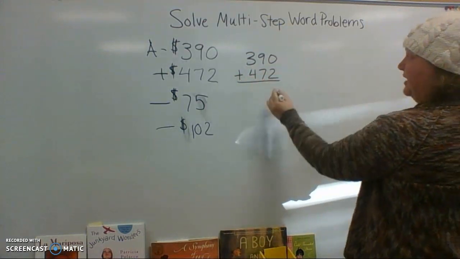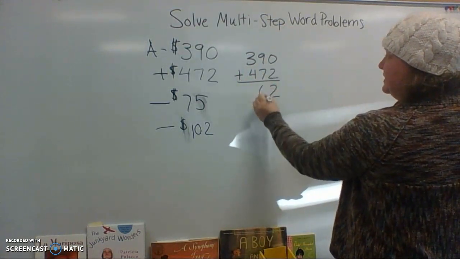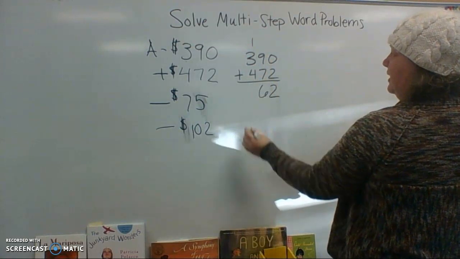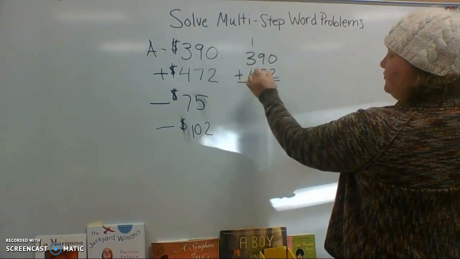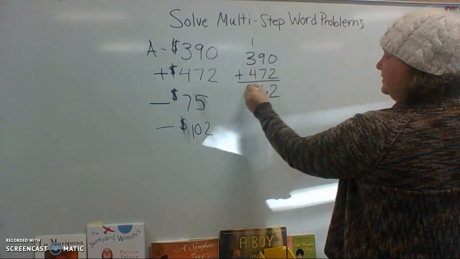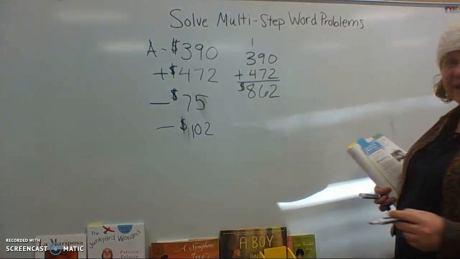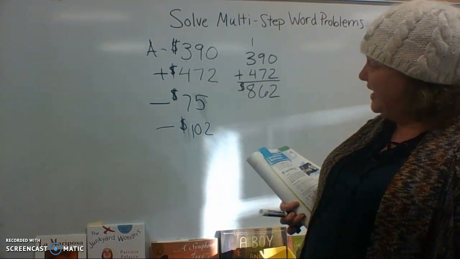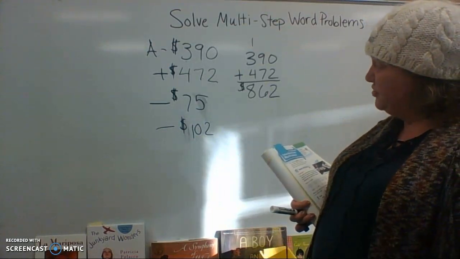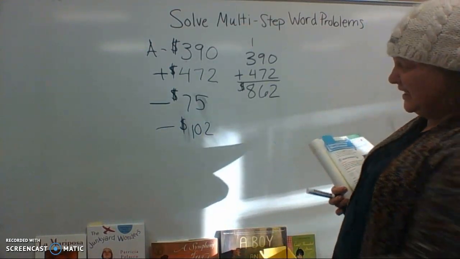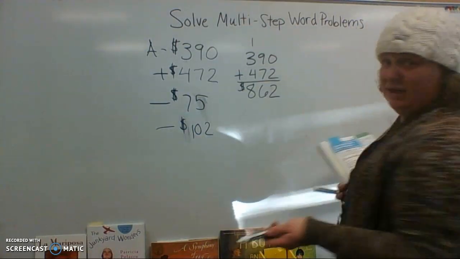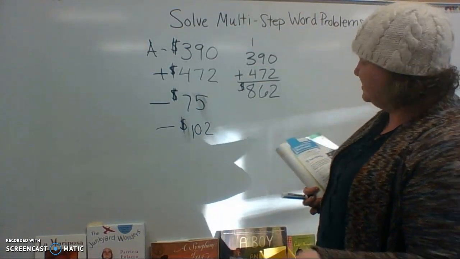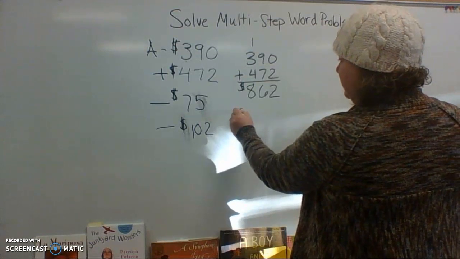So I have 390 plus $472, and I add 2 and 0, and 6 and 7, and 3 and 4 is 7. So I have $862. And now I'm going to take this $75 and the $102. Since I see a 2 here and a 2 here, I'm going to shoot for that first and subtract that off first.